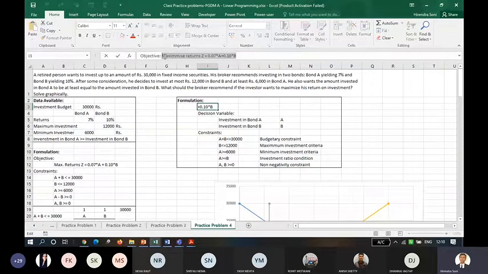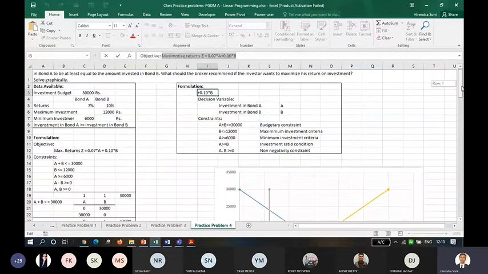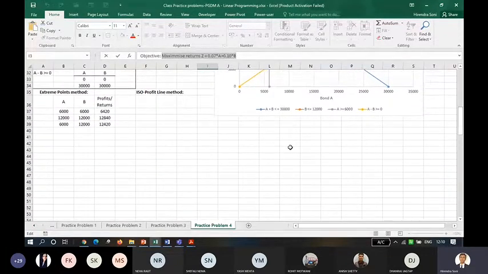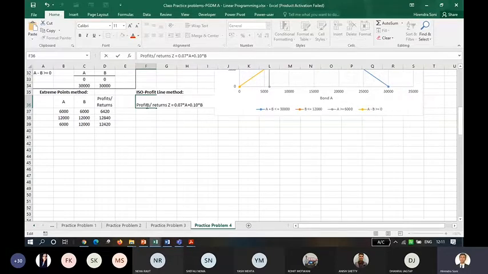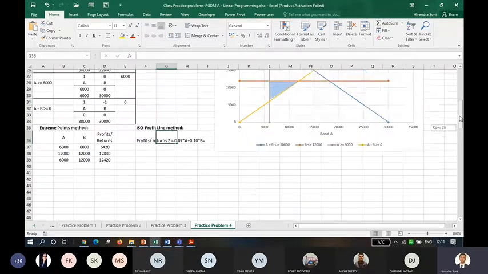I'm just copying this. Profits or returns Z equals to this much. Equals to कुछ तो वैल्यू आएगी, वो देखते हैं क्या आती है. We'll see that. Okay. अब हम इसको इक्वेशन की तरह बना लेंगे.